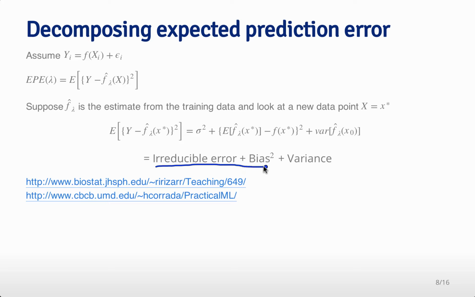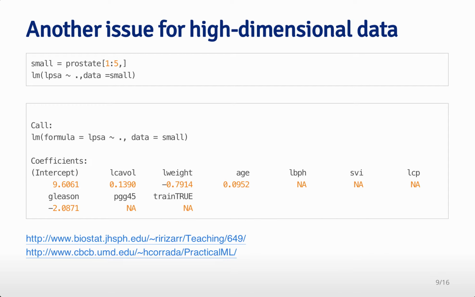This is basically the expected mean squared error between our outcome and our prediction. The irreducible error can't usually be reduced. It's just part of the data that you're collecting. But you can trade off bias and variance, and that's the idea behind regularized regression.